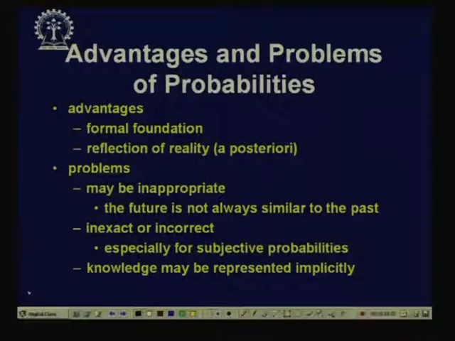A priori means something that is known beforehand, and a posteriori is something that we are trying to know, and that is very much evident in the case of Bayes' rule, as we had done. We want to find the probability of H given E. We want to know this.